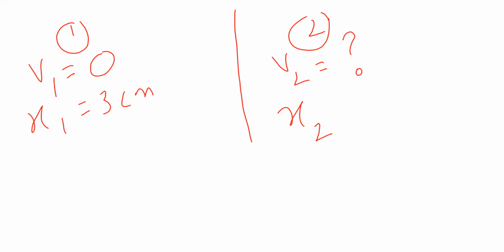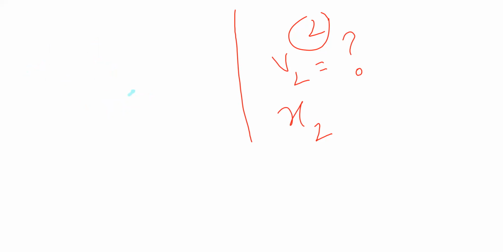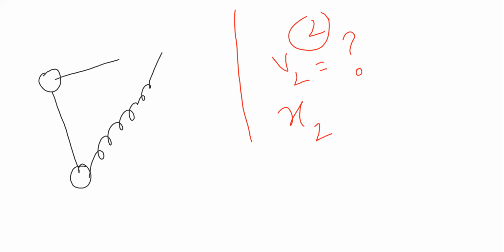Let's say that we can use the Pythagorean theorem to get the straight length of the spring. How? Let's see how we can get that value. So let's say that this is the ball which is being released and it comes to this particular position, and this is the unstressed spring over here. We can use the Pythagorean theorem to get the value of this particular length of the spring.